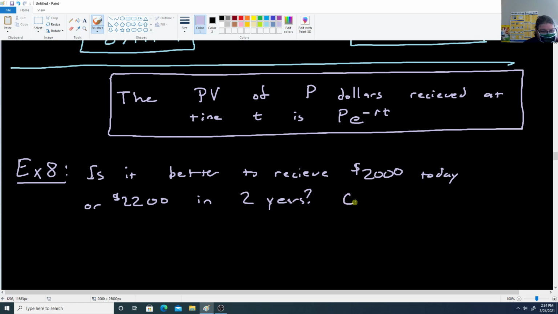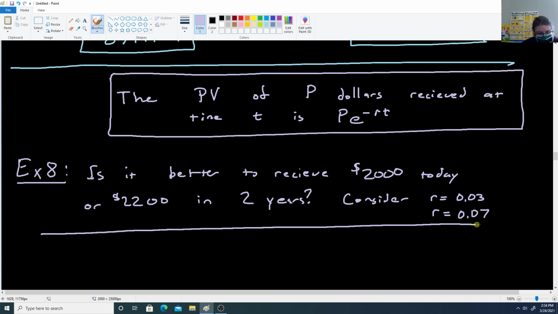And they say consider an interest rate of 0.3 and then consider an interest rate of 0.7. Okay. So let's do R equals 0.03 first.